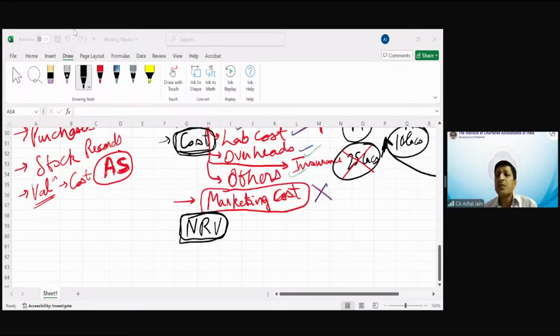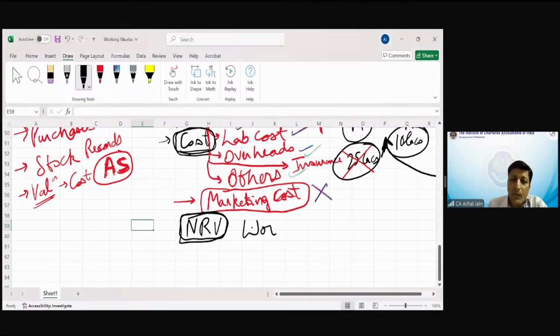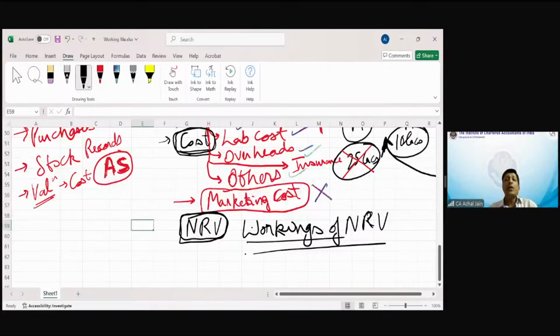I think same is the response from Shivansh, Prem, Bashra, Sunil. Great. So in this case, once the cost is assessed, auditor will also be looking at the workings of NRV for all the items of inventory. So these workings of NRV will be obtained.